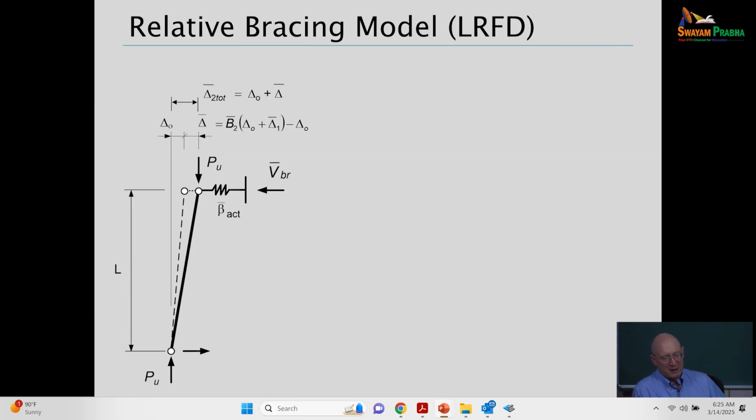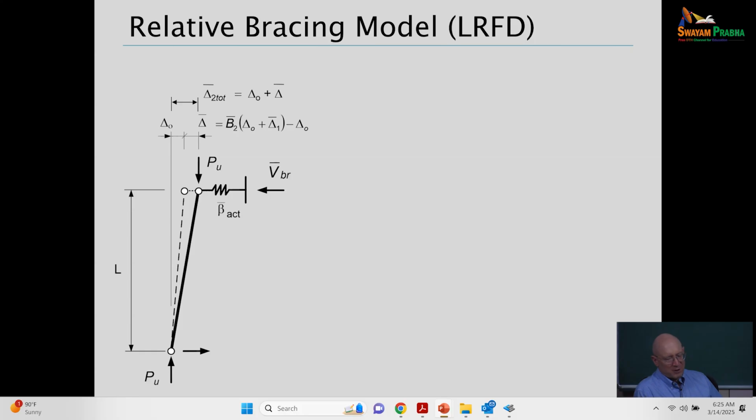I've got an amplification factor for side sway, B2. It's the same B2 that we were talking about earlier. That's going to amplify delta naught plus delta 1 bar. And so the additional deflection would be that minus delta naught.